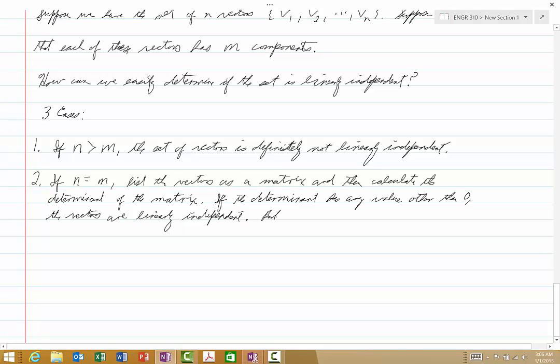But if the determinant is 0, the set of vectors is not linearly independent.